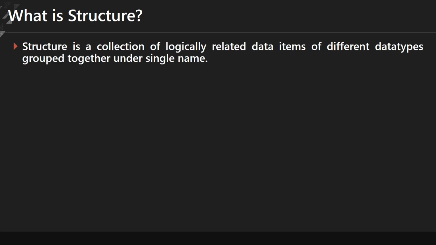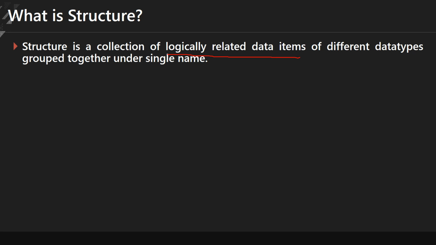What is structure? Structure is a collection of logically related data items of different data types. I'll repeat again. Structure is a collection of logically related data items of different data types grouped together under a single name. Like in the previous slide, there is a book.